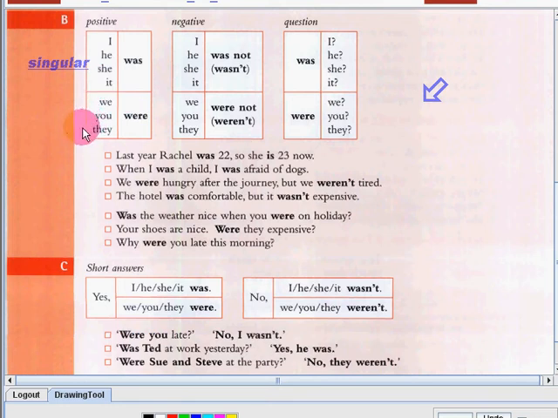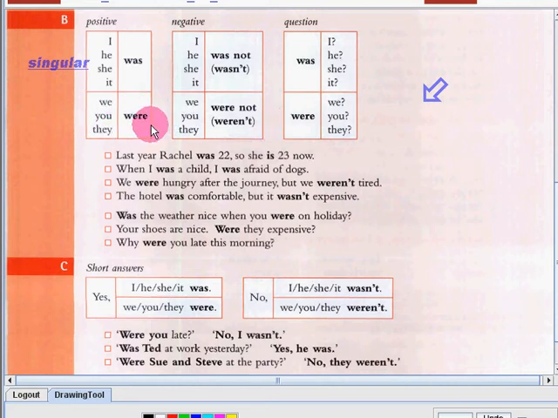Here, we have the pronouns we, you, and they. All of these pronouns are plural, except for the pronoun you, because we have a grammar rule for you. It takes the plural verb. So, again, we will read the following together with the verb.